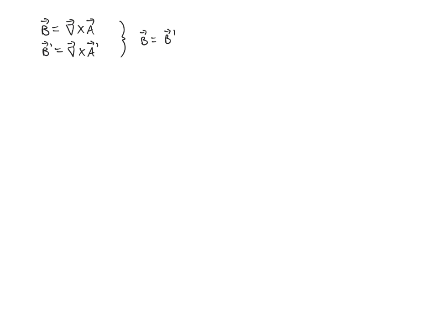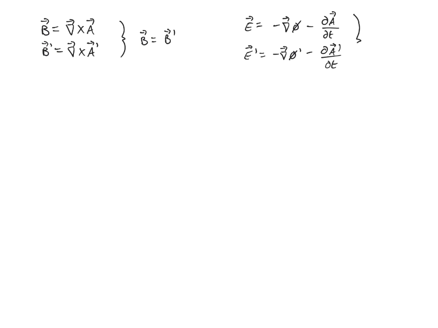And what about for the electric field? We can say that the electric field is related to the potentials, first to the gradient of the scalar potential, and also through the time dependence of the vector potential. And similarly, the electric field in the primed system, E primed, is going to be the gradient of the primed scalar potential minus the time derivative of the primed vector potential.